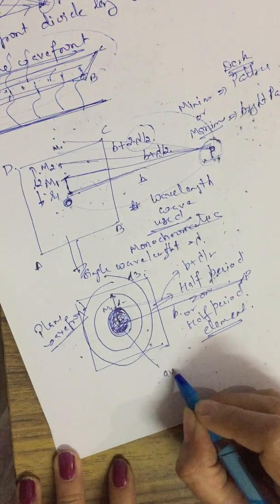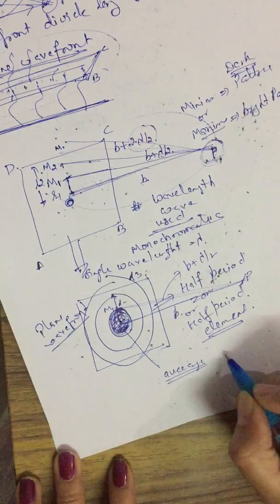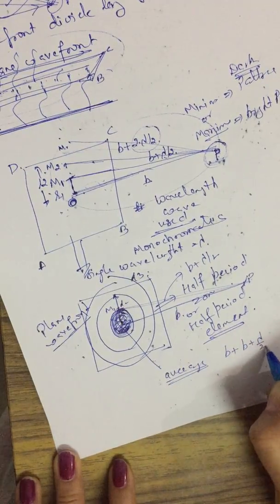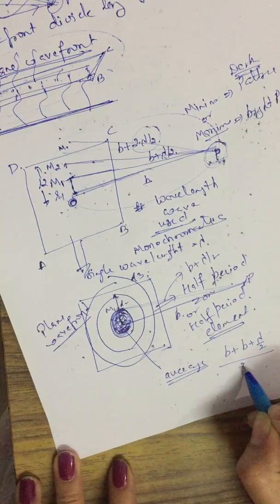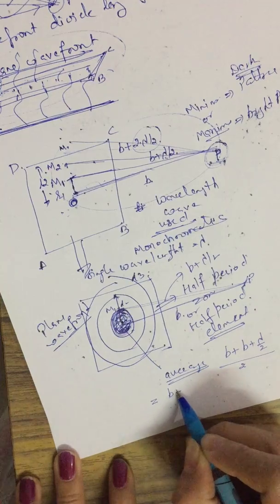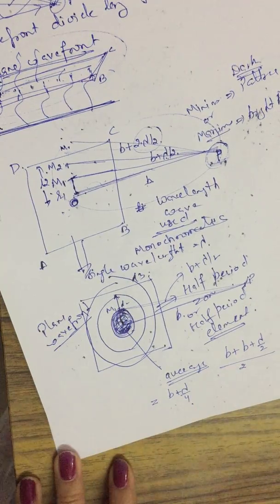The average distance is given by b plus b plus lambda by 2, divided by 2, and we find that this comes out to be b plus lambda by 4.